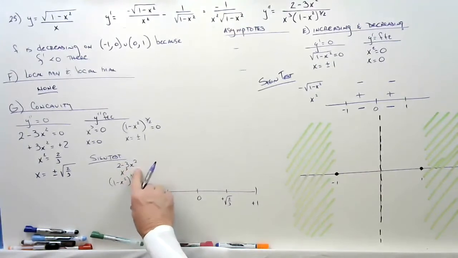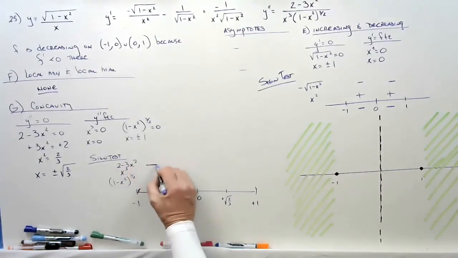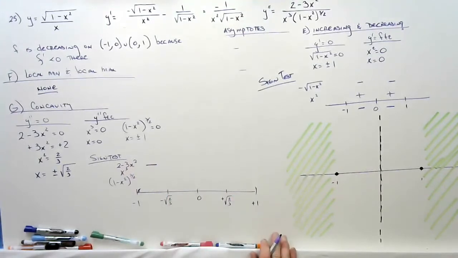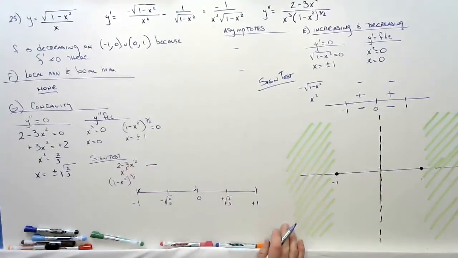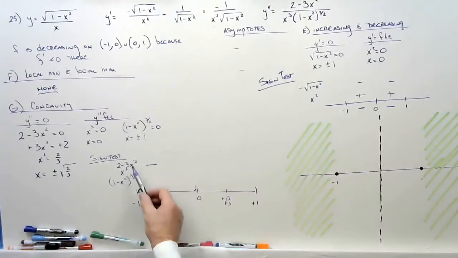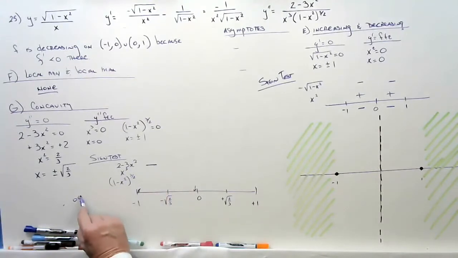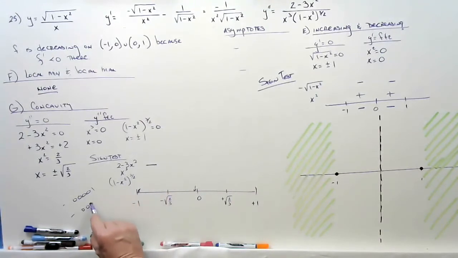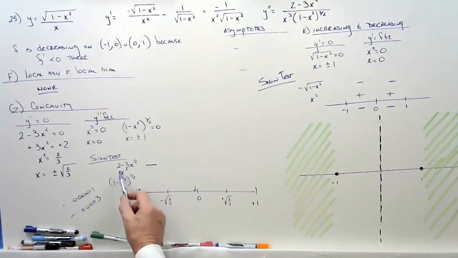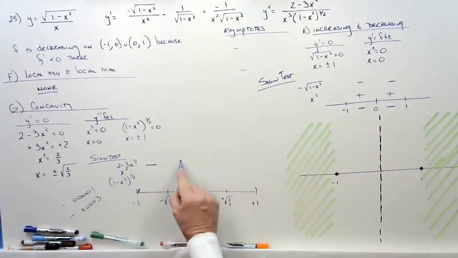But it's negative. So that's negative 3 plus 2. That's going to be negative. What about in here? Well, pick a number really close to 0, like 0.0000000000001. It's negative, but when I square it, who cares? Now I have negative 3 times 0.00000. When you multiply that by negative 3, you get this. Now, add 2. That's going to be positive.